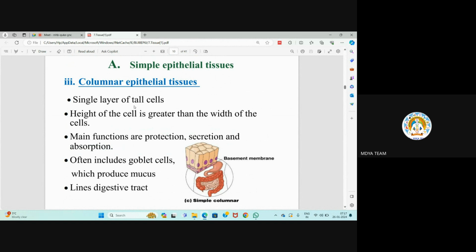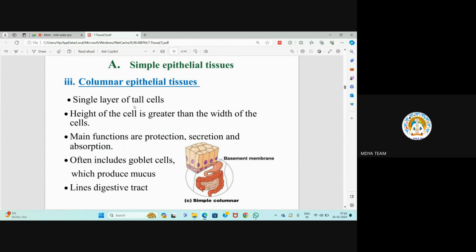So it mainly forms membranes, and it will protect, secrete, and absorb. It often includes goblet cells. These are special kinds of cells which produce mucus in almost every tract of the body.